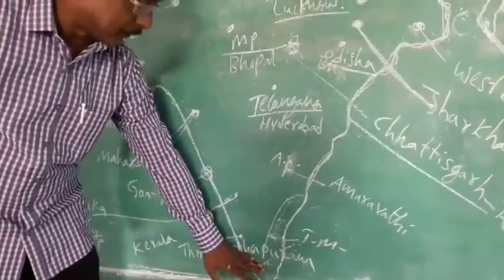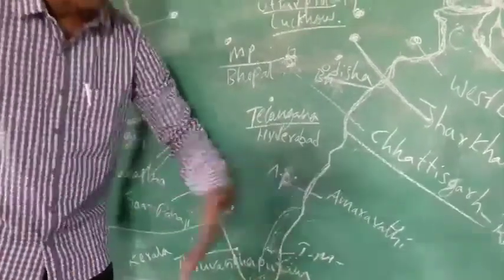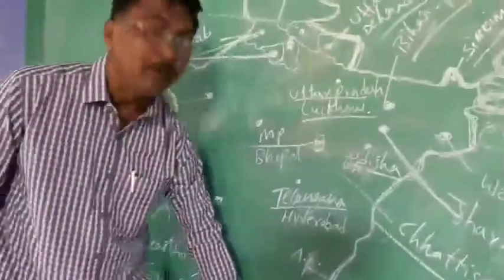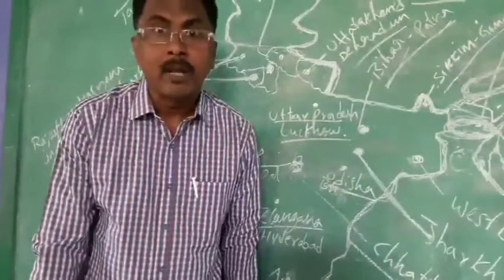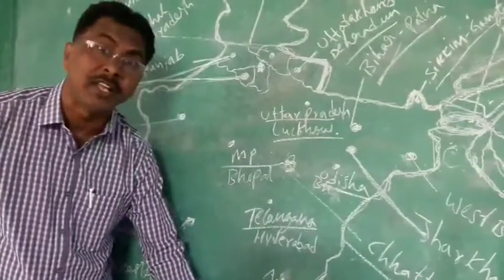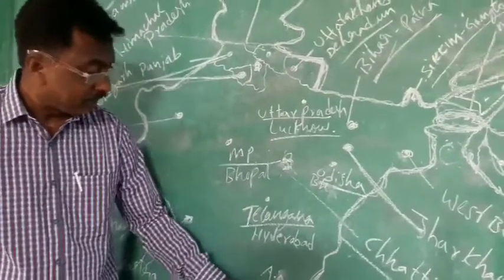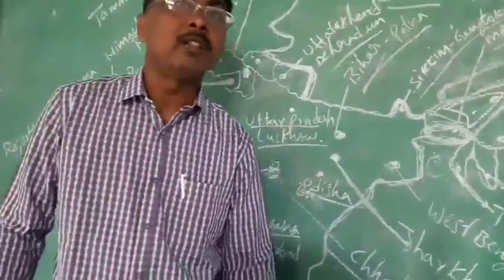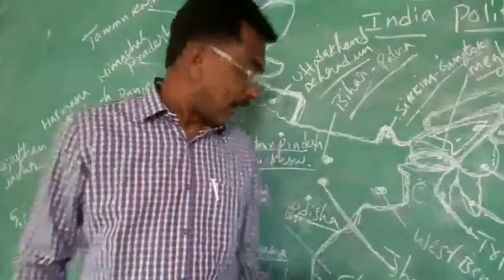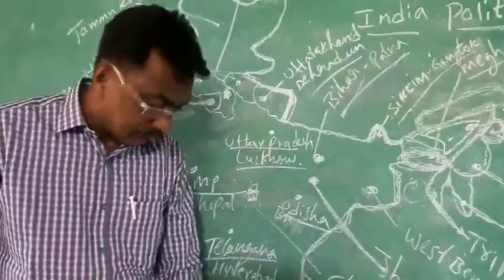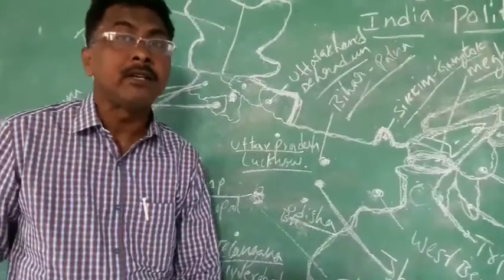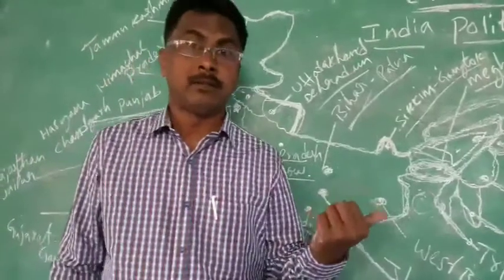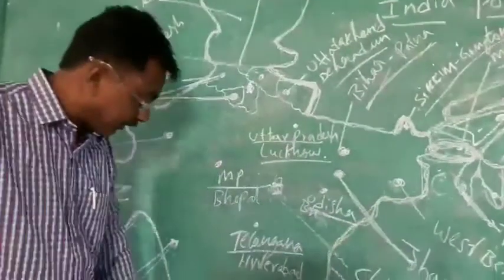You should remember properly. And next, this side, the left foot is Tamil Nadu, this side foot Kerala, and Tamil Nadu, Chennai, and here you see Andhra Pradesh, Amaravati, and another one Telangana, that is Hyderabad.